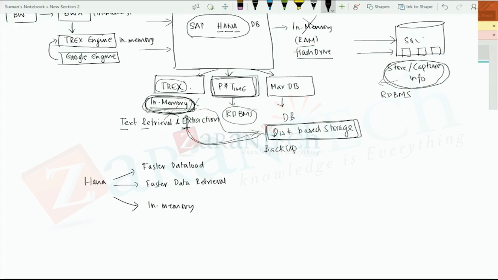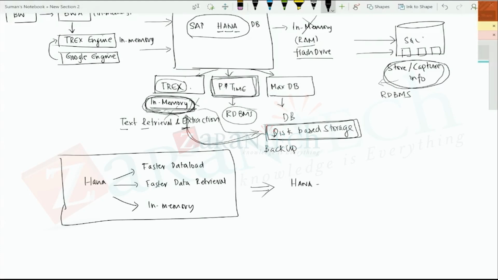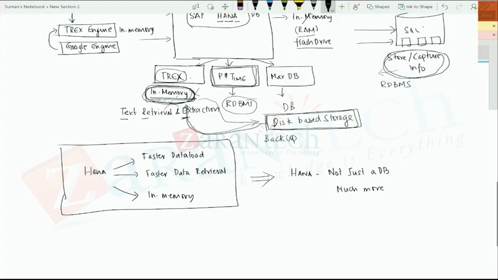So these are some of the common things that you would have heard when it comes to HANA as a platform, right? But we have also heard this common thing that has been spoken everywhere. We hear that SAP HANA is not just a database, but it's much more. So now let's start understanding what that much more means all about.